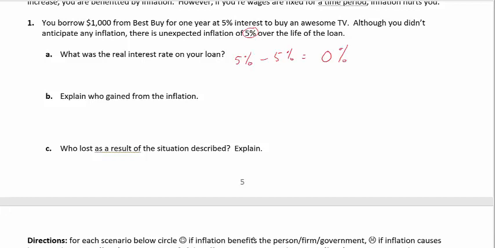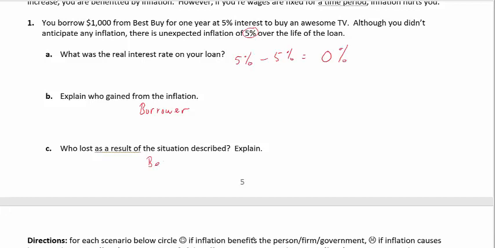Well, if I'm borrowing money for the TV and I am really only paying a 0% interest rate, then I am definitely gaining. Okay? So the borrower gains in this situation because they get to pay back money that is worth less than when they borrowed it. Who lost as a result?